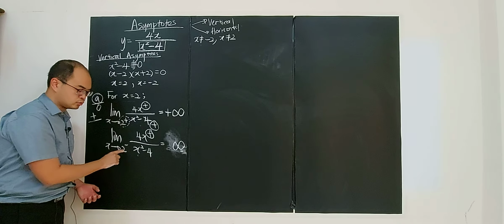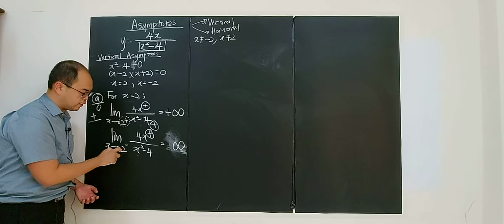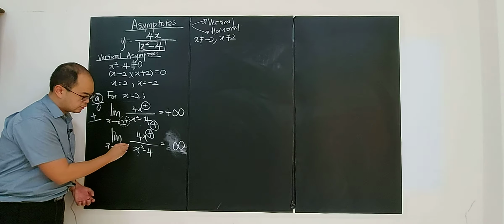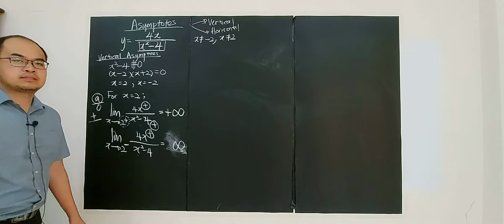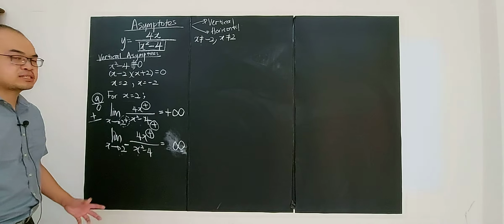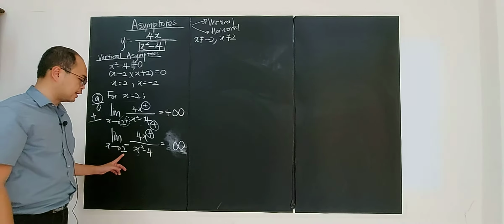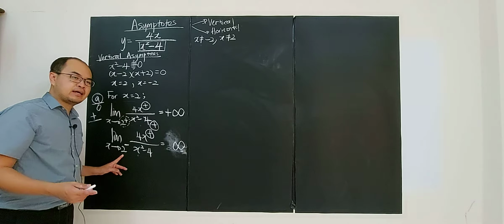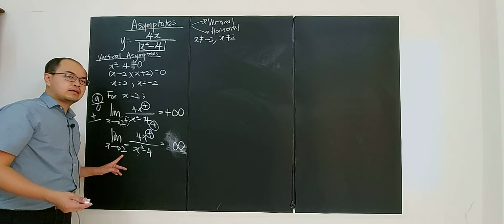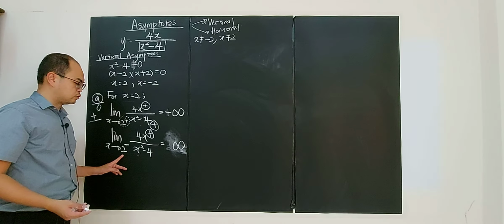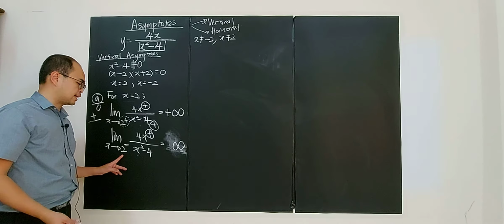So you don't put 2. You put a value slightly to the left of 2, a very small distance to the left, like 1.9, 1.99, or 1.8. To make it easier, choose 1, which is less than 2.